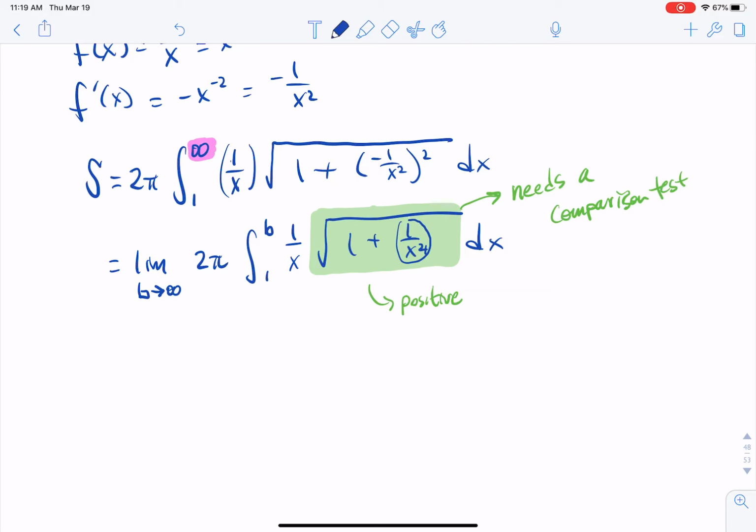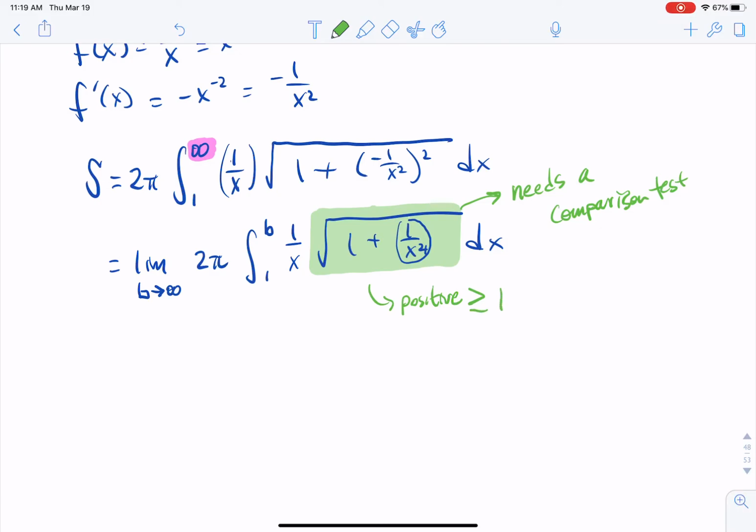Well, that one's going closer and closer to 0, so this whole entire square root is getting closer to 1. It's bigger than 1, but it is getting closer and closer to 1. So we're going to say that this thing is not only positive, but it's greater than or equal to 1.